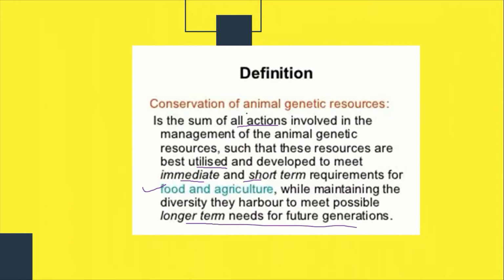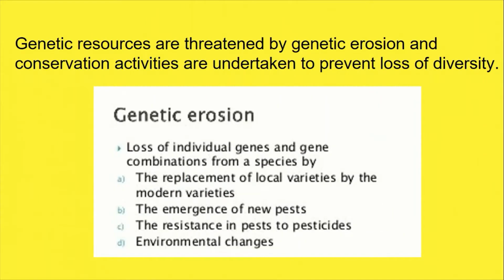So if it is conservation of plant genetic resources, the same thing. If it's conservation of forest genetic resources, the same thing. So conservation is simply, what are all the strategies that we are using to manage genetic resources that are available for now and for the future.